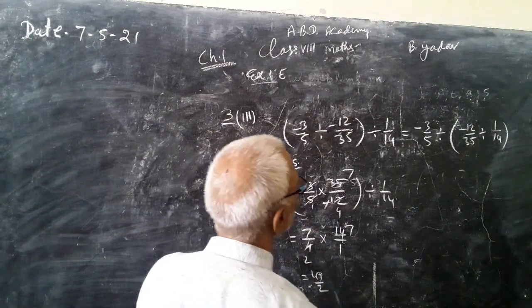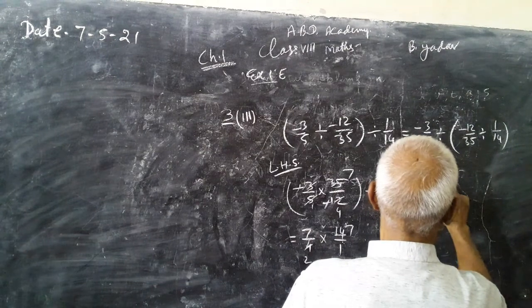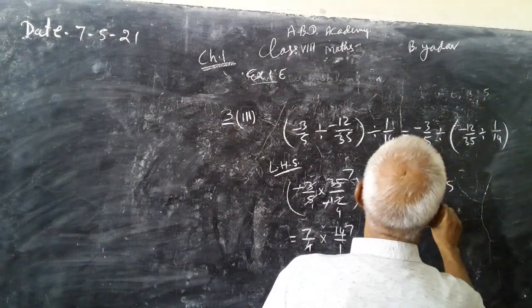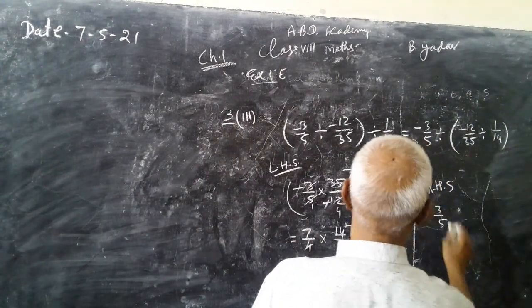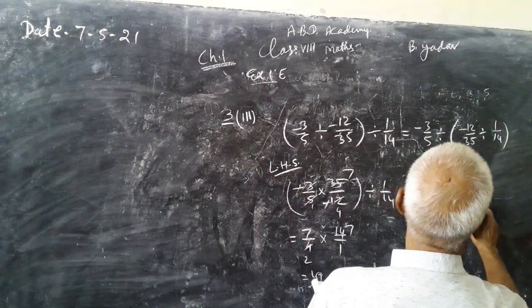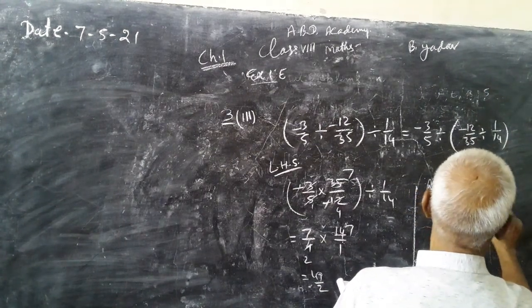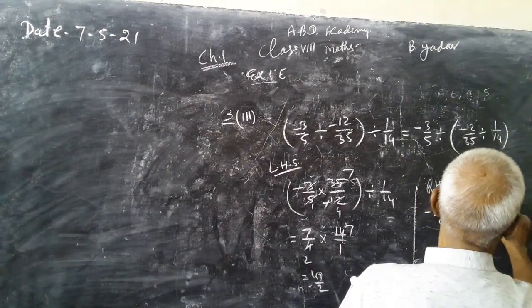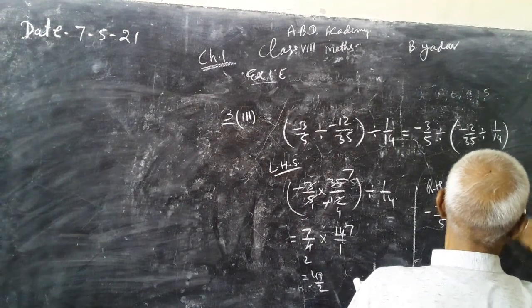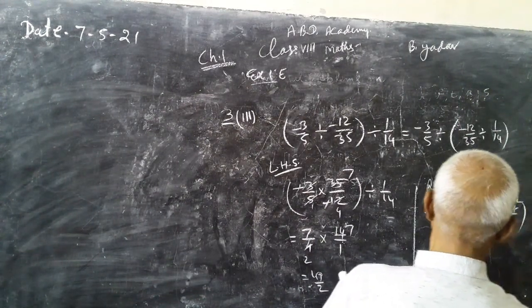49 by 2. But see the right hand side, it is minus 3 by 5 divided by, I am solving the bracket first, minus 12 by 35 into 14 by 1. Here we will cut 7 5s and 7 2s.